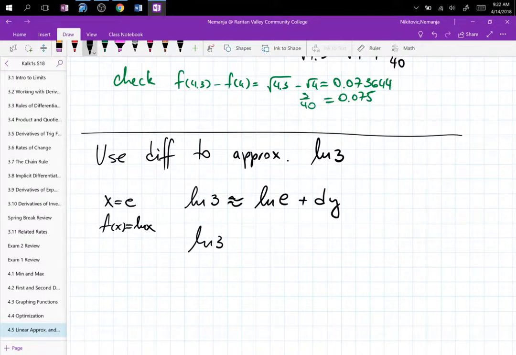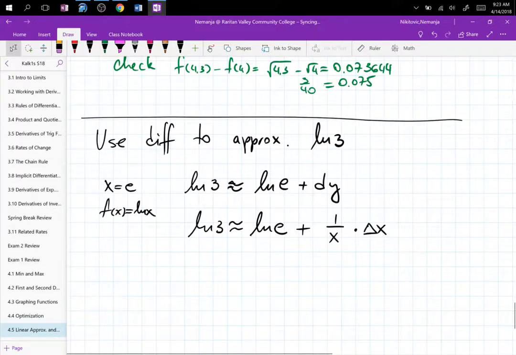So ln 3 is going to be ln e plus dy, and dy, we know from the formula, is the derivative, which is 1 over x, times delta x. And now I just need to compute these values.